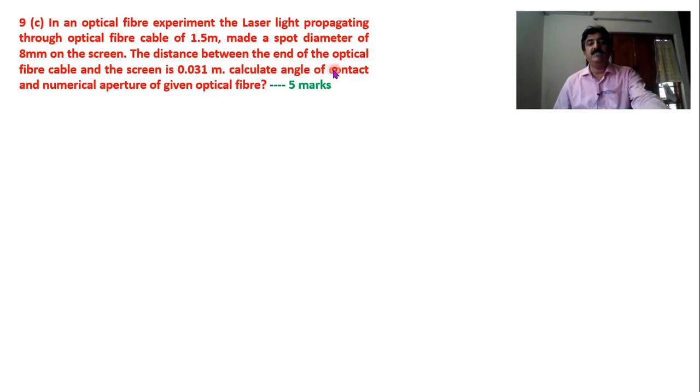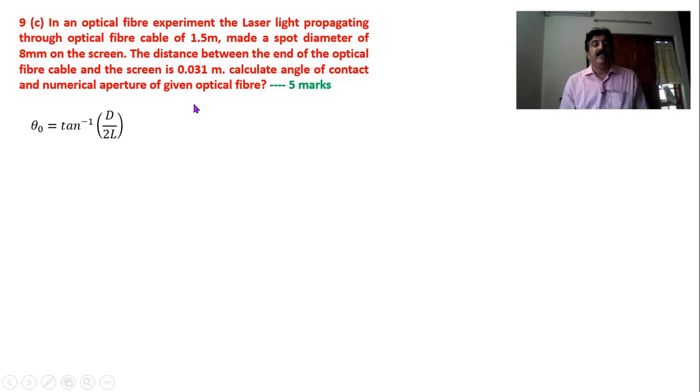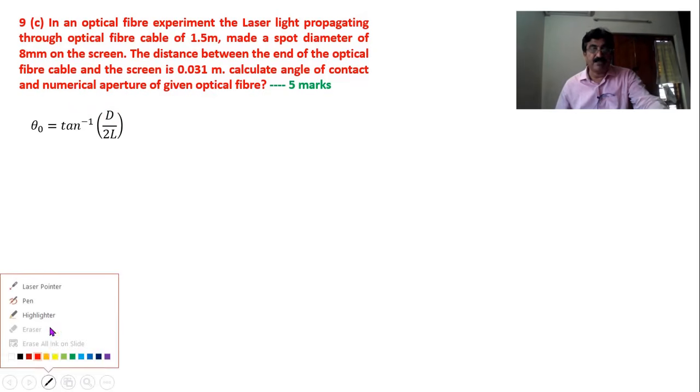The distance between the end of the optical fiber cable and the screen is 0.031 meter. Calculate the angle of acceptance and numerical aperture of the given optical fiber. The equation is theta naught equals tan inverse of D divided by 2L. Here D corresponds to the diameter of the circular spot.